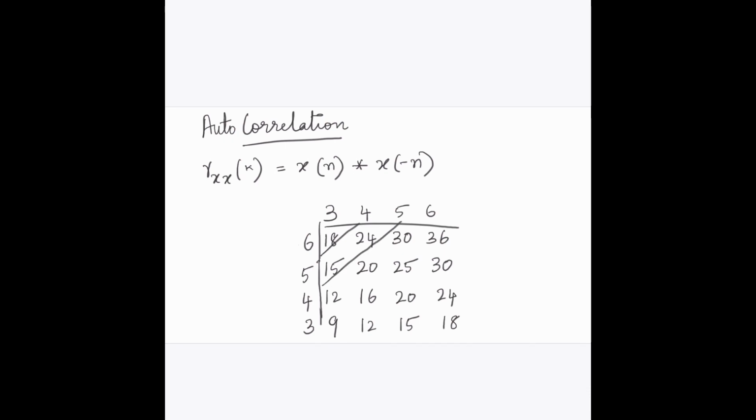Now here this value will be equal to 18, so the final result will be 18. 24 plus 15, it will be 39. Then this will be equal to 50, 62.